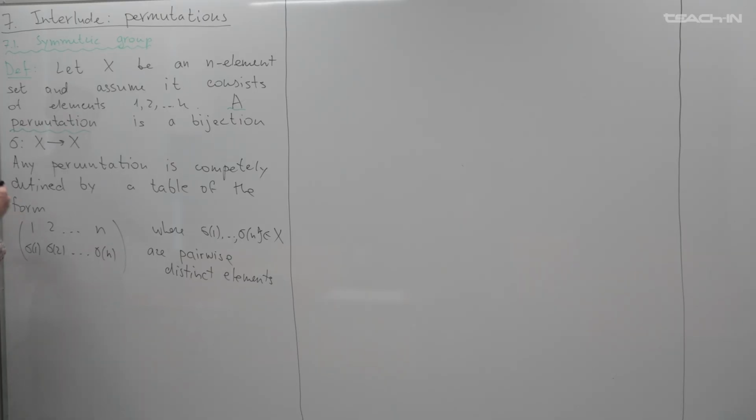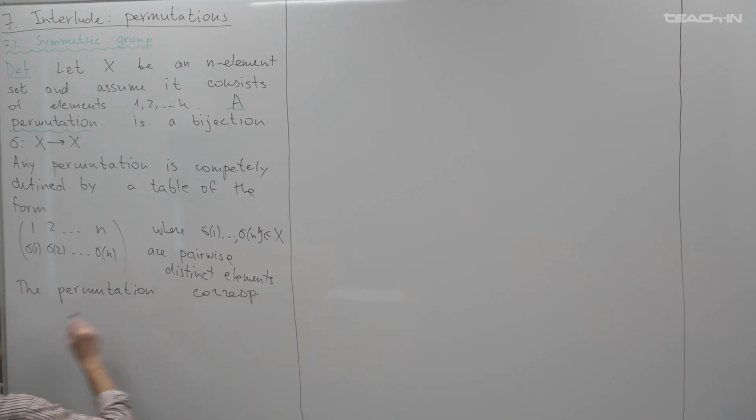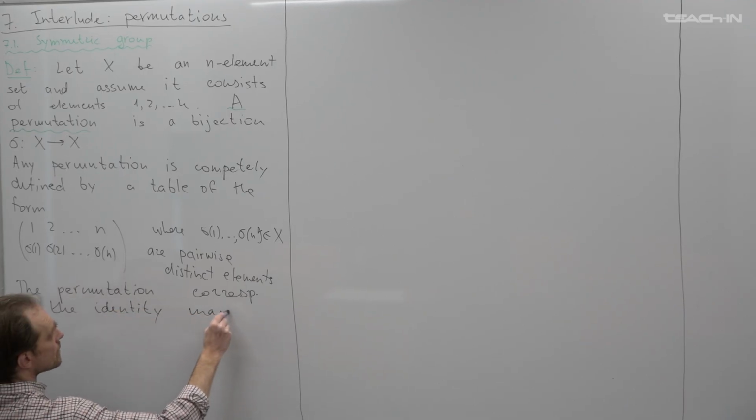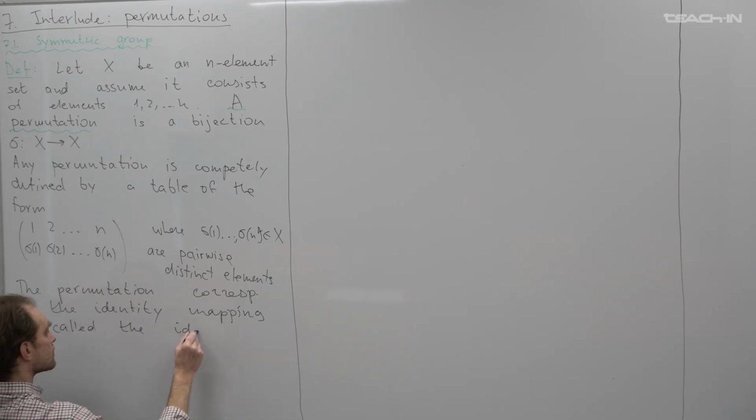Okay, so then we need to define some more notions here. So the permutation corresponding to the identity mapping is called the identity permutation.